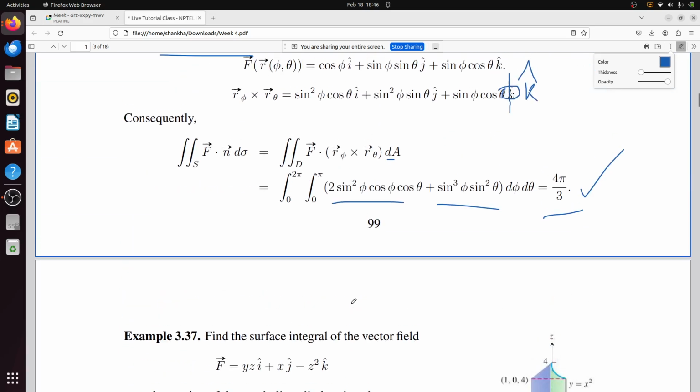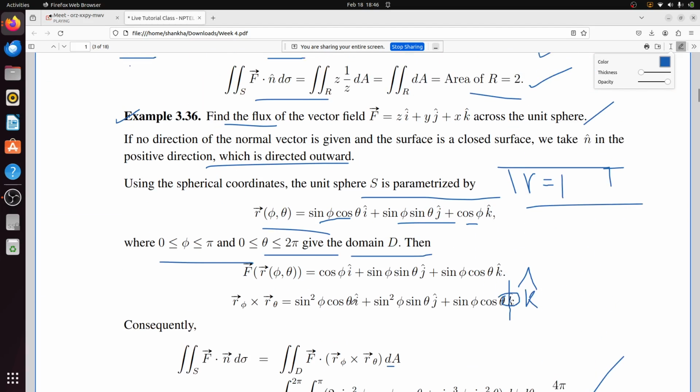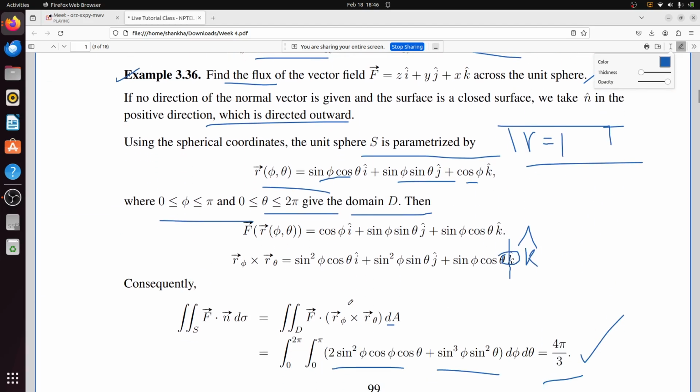Now, this question is clear, right, Priyanka? See, here we have a unit sphere, but we have parameterized it to make the question easy, because if you solve it in the other form, you may get stuck.